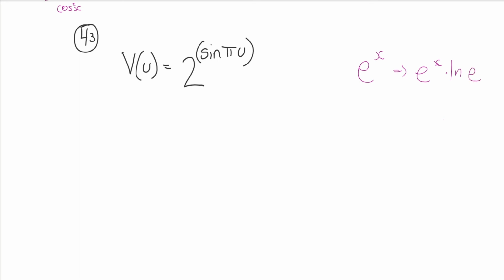So the derivative of b to the x, if that is y, then y prime is b to the x times the ln of b. And if this is a function f of x, then it's b to the f of x times ln b, and then you have f prime of x. So the ln b is kind of just like a coefficient that shows up.